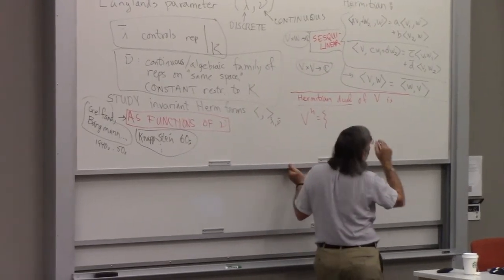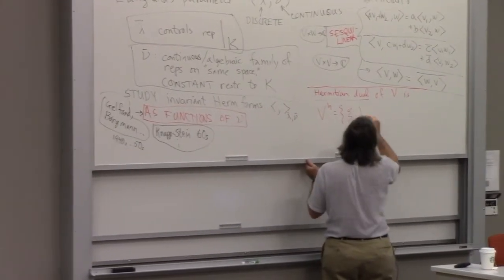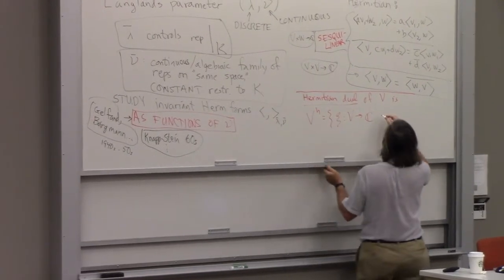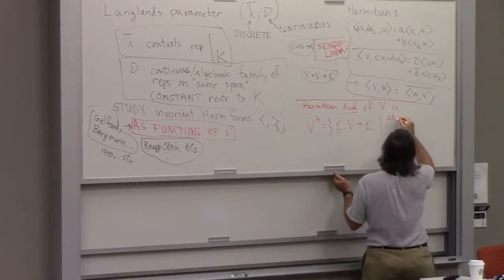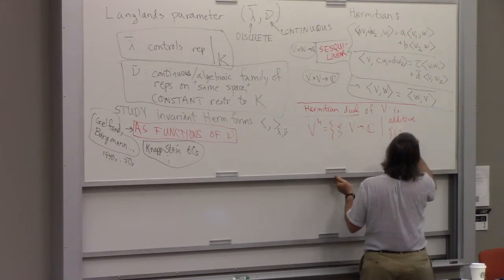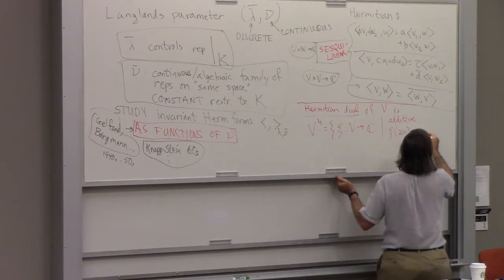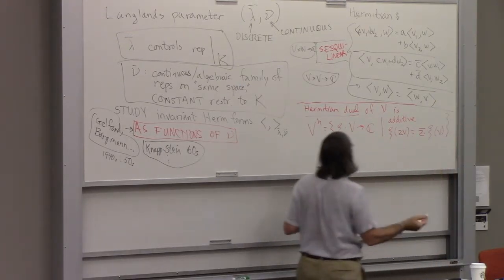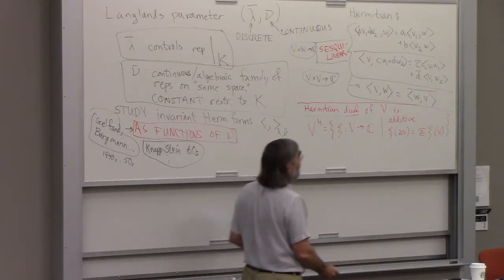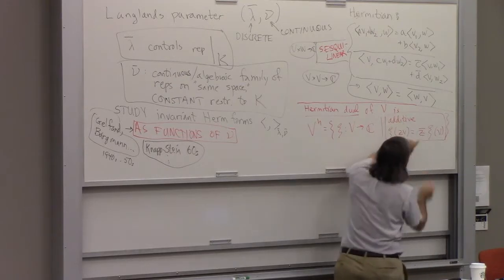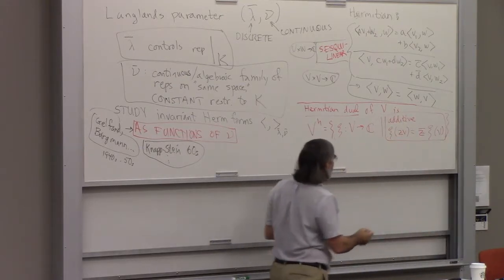It's the set of C from V to C, which are additive and, well, like that. So not complex linear, but conjugate linear.